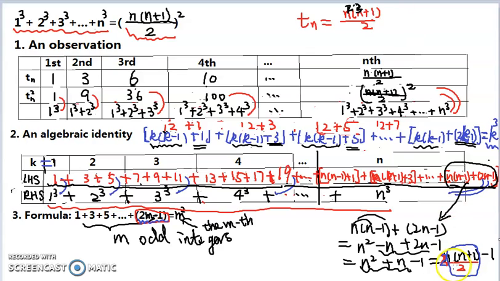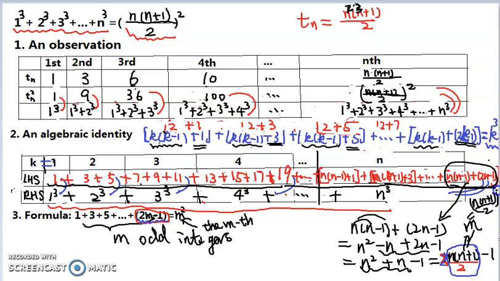Okay, so this expression circled in blue tells us how many odd integers we have. That's like our m in the expression. So when we add this many odd integers, we should get m squared. In our case, m is n times n plus 1 over 2, so the sum of all these odd integers is n times n plus 1 over 2, squared.